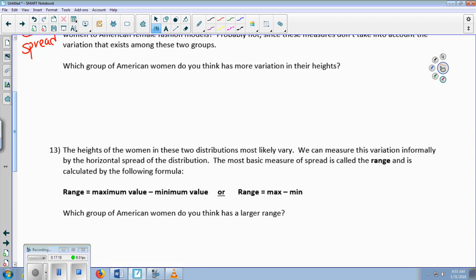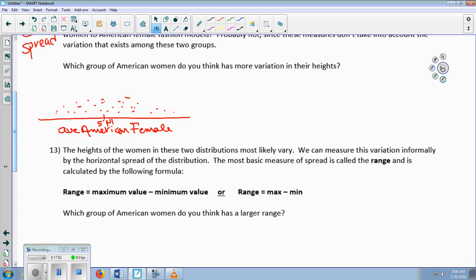So which of these two groups would you guess would have more variation? Likely the average American female. They said the mean is 5 feet 4 inches, but there are going to be women that are shorter, women that are taller, and the spread for this is going to be pretty big, I would imagine.